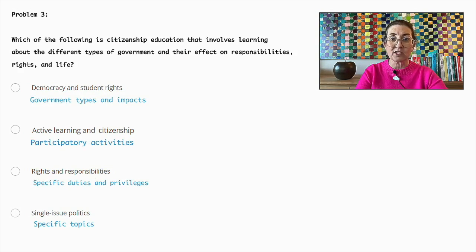Single-issue politics addresses specific political topics rather than broader government education. Democracy and student rights encompass learning about different types of government, democratic principles, and their effects on responsibilities and rights. Therefore, the correct answer is democracy and student rights.